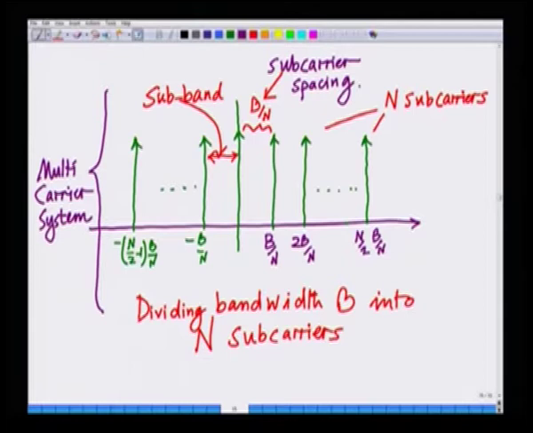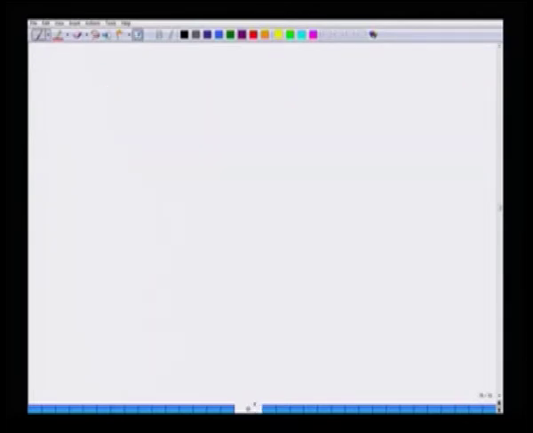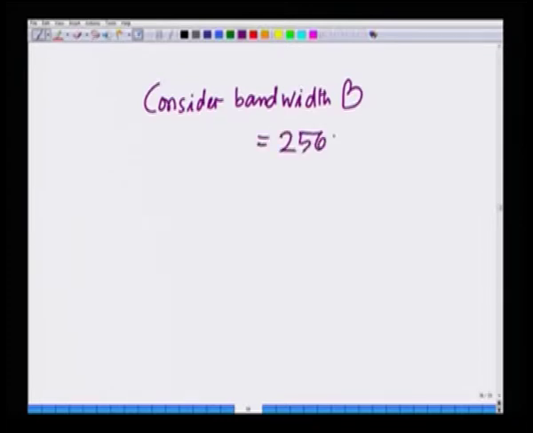Now, for instance, let me give you an example. Let me consider a bandwidth B equal to 256 kilohertz.